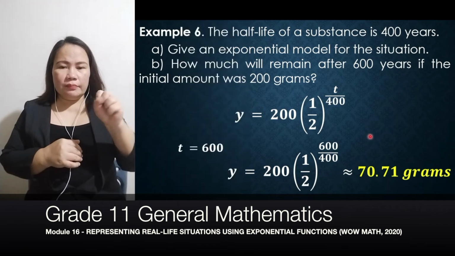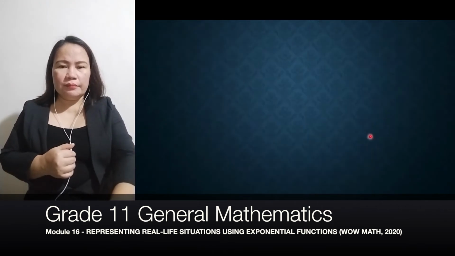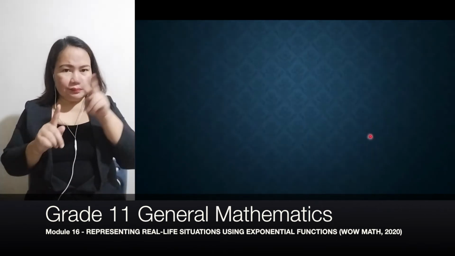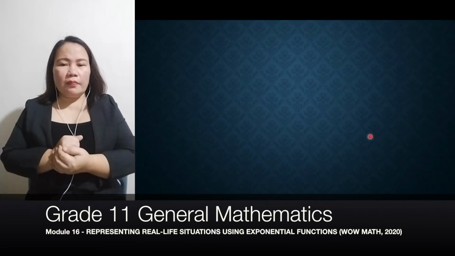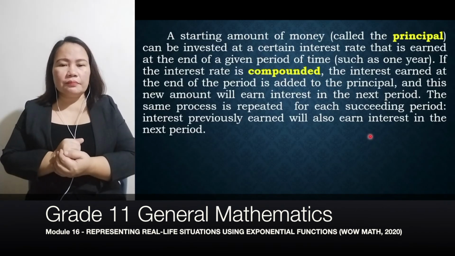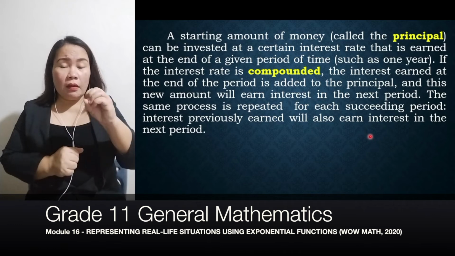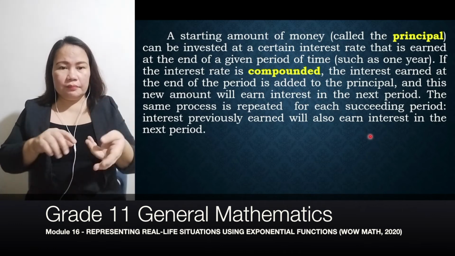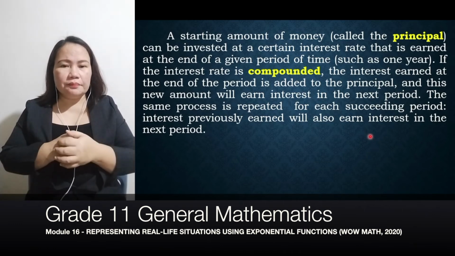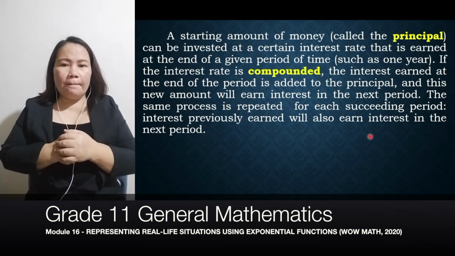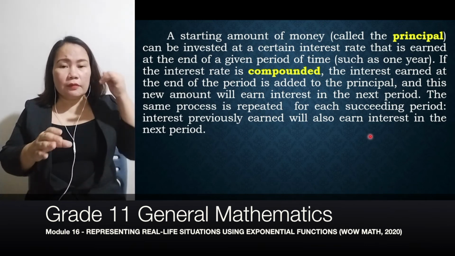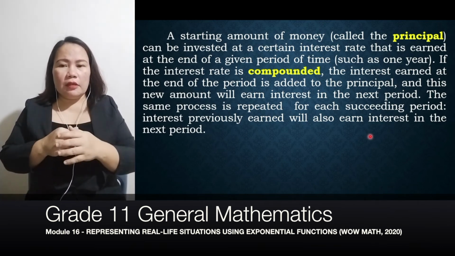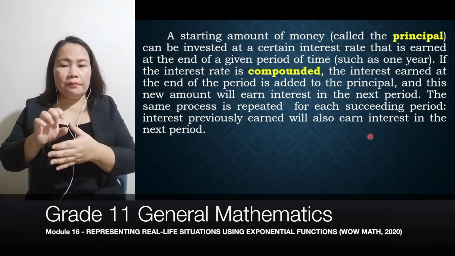grams. Okay, another application of exponential models is, exponential function rather, is the compound interest. A starting amount of money called the principal can be invested at a certain interest rate that is earned at the end of a given period of time, such as 1 year.